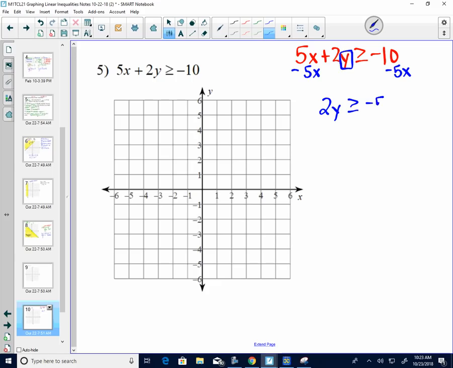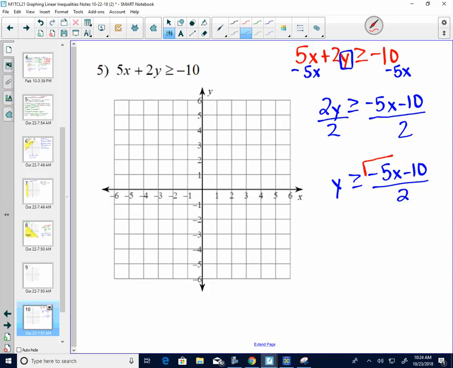So that becomes -5x minus 10, because we can't combine those terms in any way. They are not alike. Then we need to divide by 2. So we can divide everything by 2. And this is where some people choose to stop, because they can take this and type it in our calculator and get points for our line.